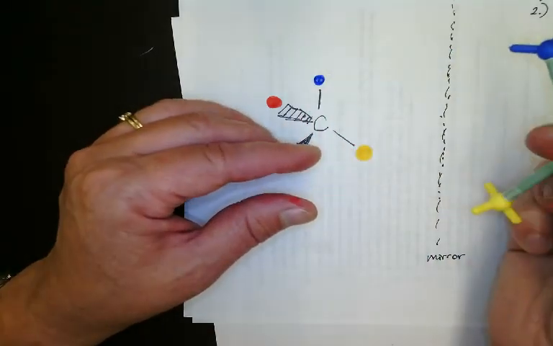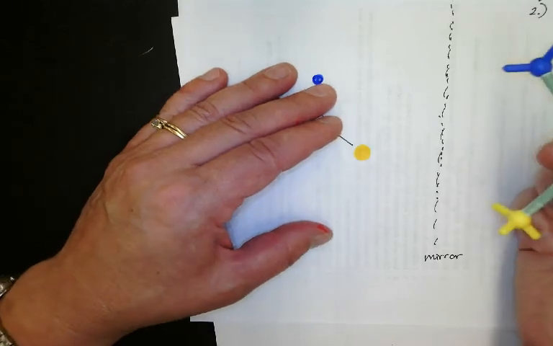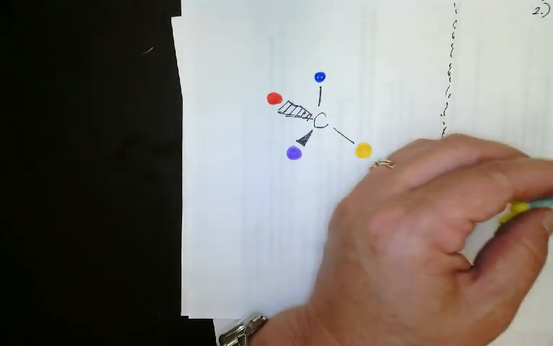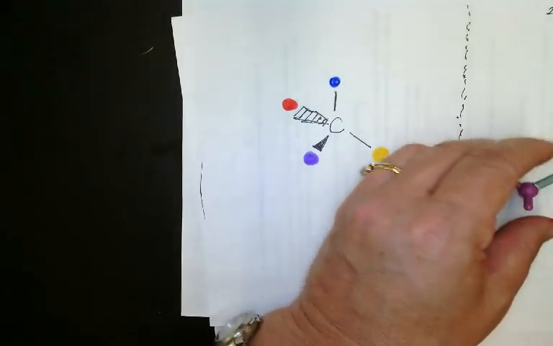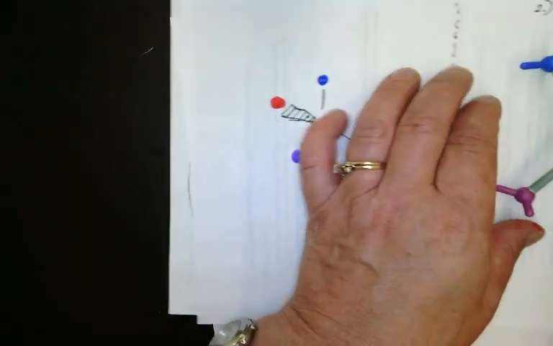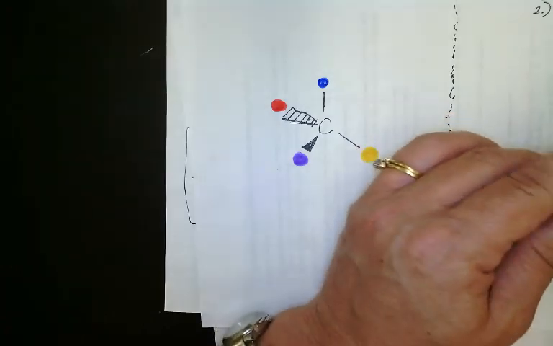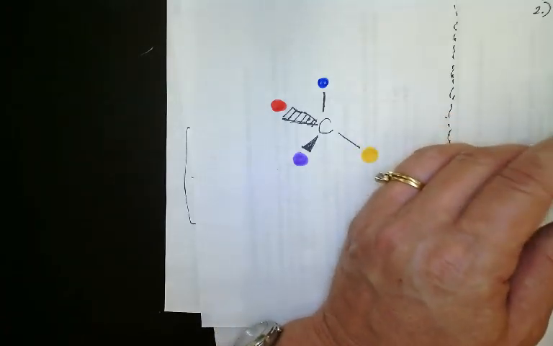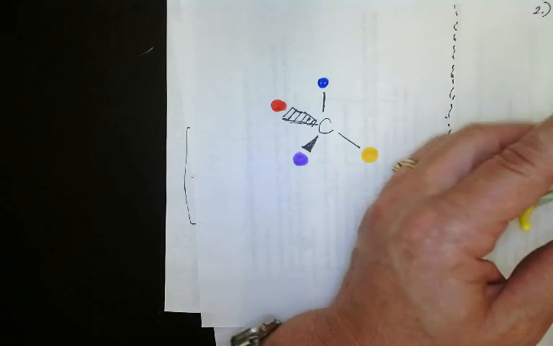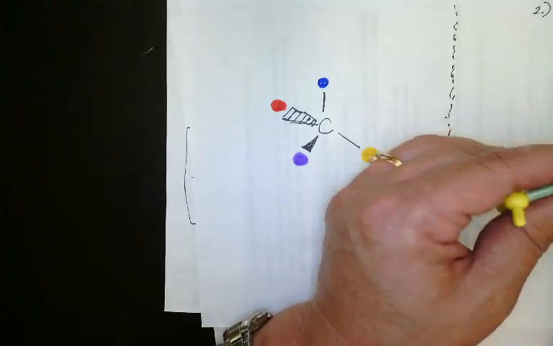It would be this, right? This would be the mirror image of that. This would be flat on the plane, right?